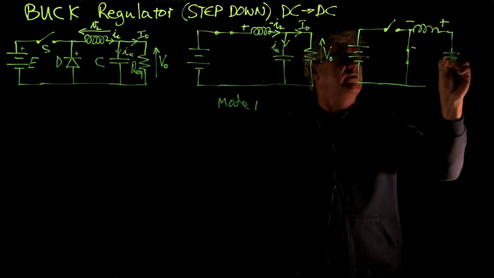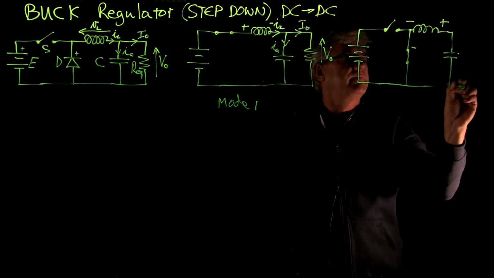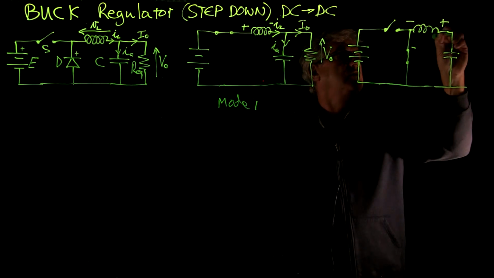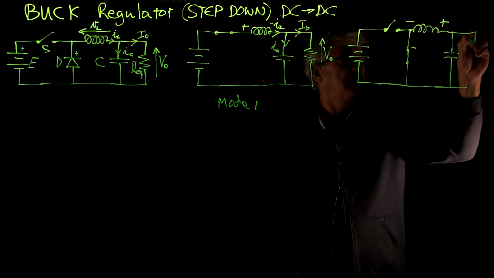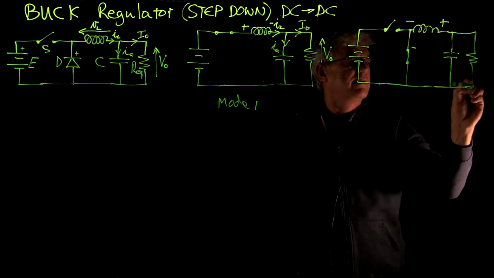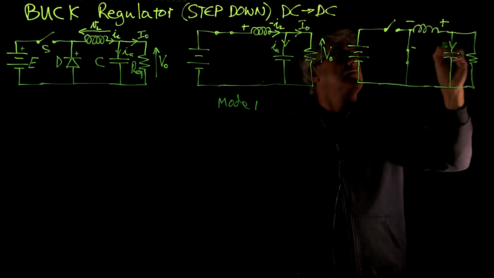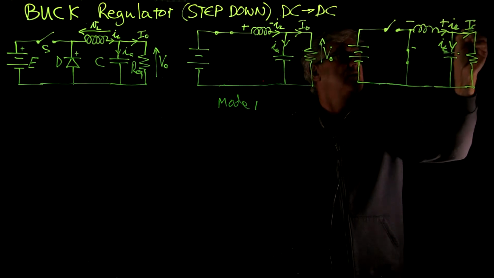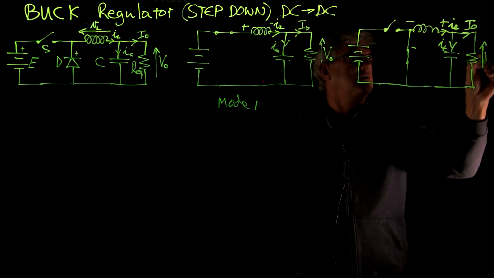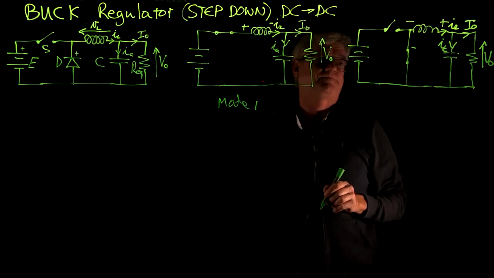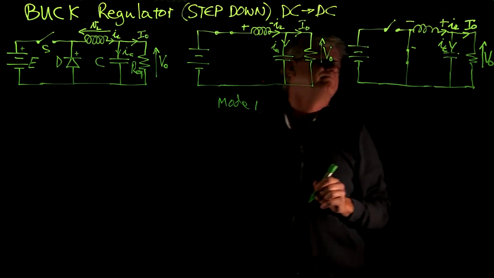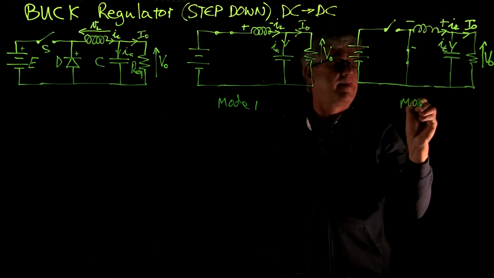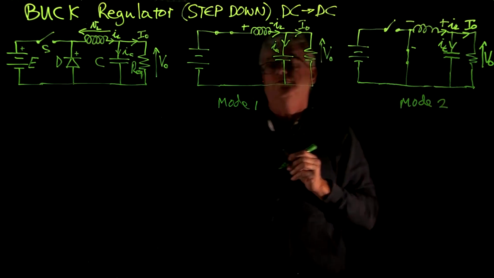And once more we have the capacitor, and we have the load. IC, IL, I out, and V out. And this is mode 2.